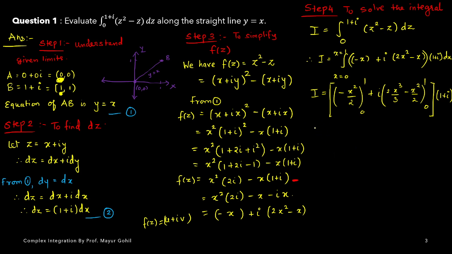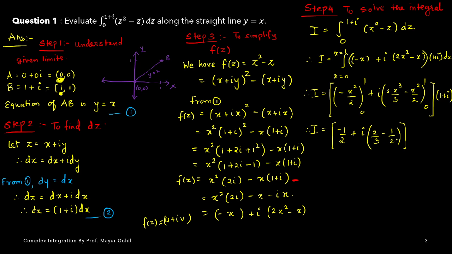Right now I'm doing it without the calculator, so I get the answer over here, I equal to minus 1 by 2, and when you substitute 0 it's gone, so plus i times 2 over 3 minus 1 over 2.